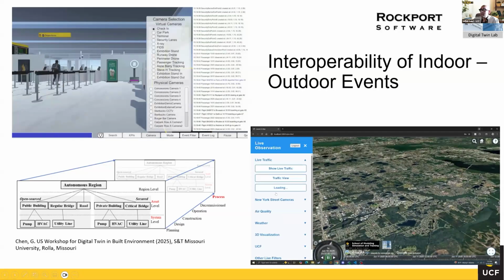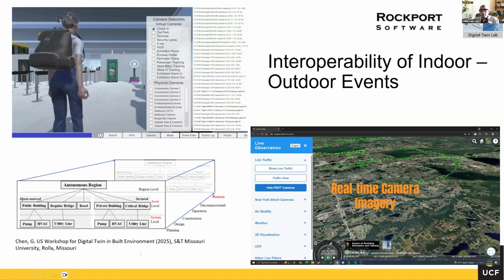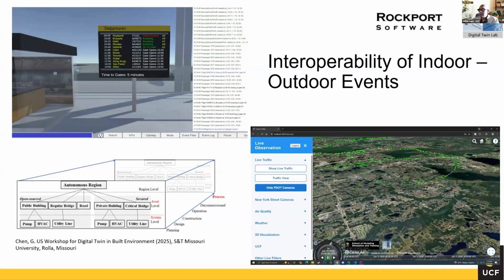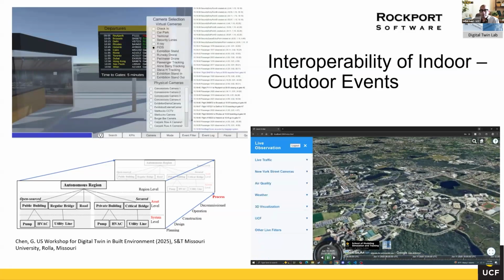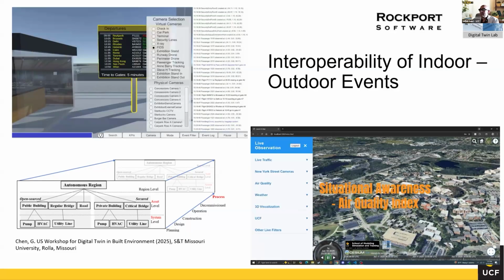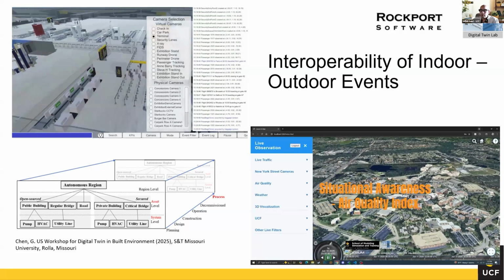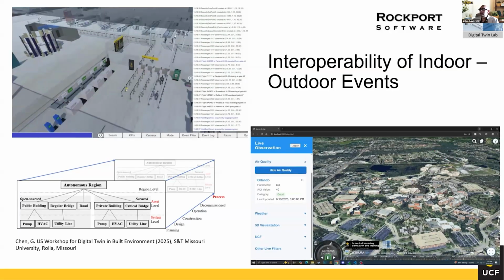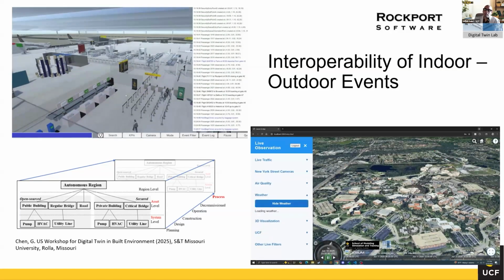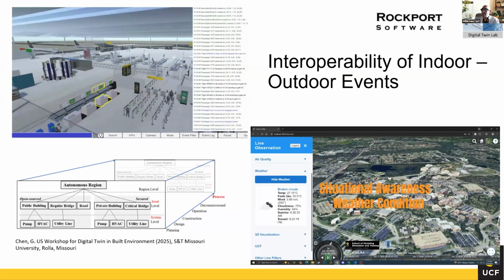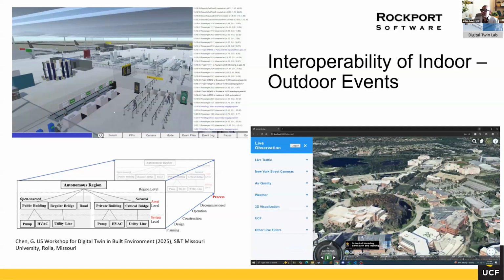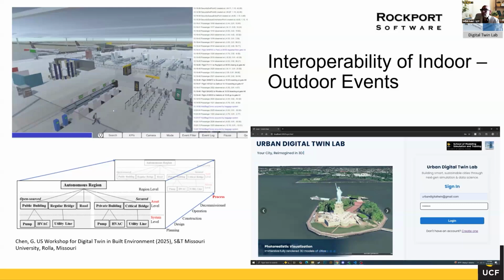So how can we leverage multi-dimensional platforms for integration, and then understand the impact of urban traffic, for example, on the operation in the airport. This type of activity is very crucial in terms of understanding how we can move forward with a streamlined, integrated platform in a digital twin.